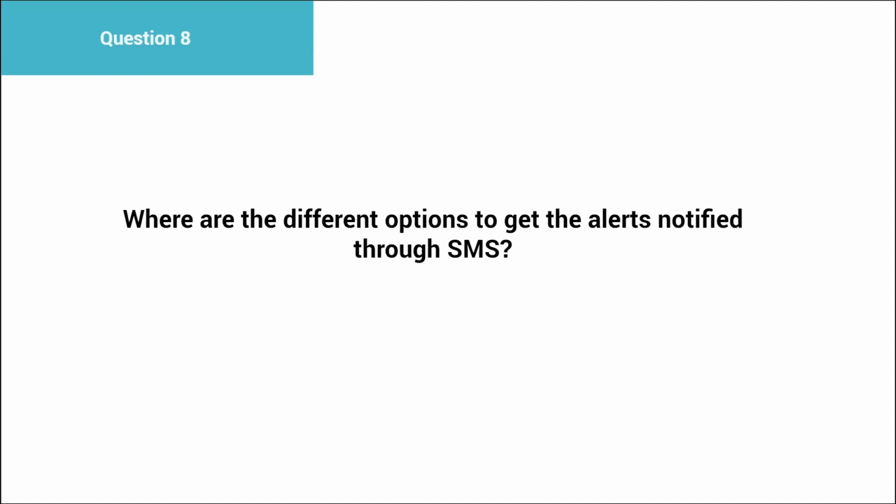What are the different options to get the alerts notified through the SMS? So yes, we do have quite a larger channel, but with the hardware modems that were supported earlier, we had a few discrepancies. So going forward, the way which a larger audience wanted, we have used the SMS gateway now, and then we are also with the SMPPs.